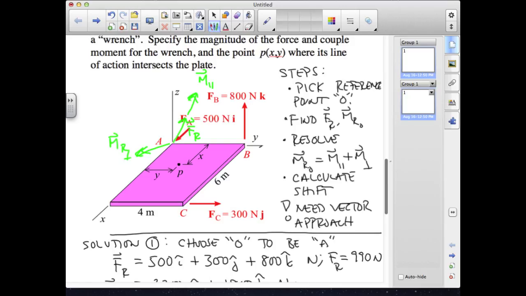You have to imagine this is coming out at X, but going backwards in Y and going down a little bit in Z. The idea here is we want to know where to shift this resultant force so that this RAP crossed into the resultant force will produce this perpendicular moment. If I've represented this correctly, MR perp is going to be perpendicular to both RAP and FR, because it's formed from the cross product of RAP and FR.